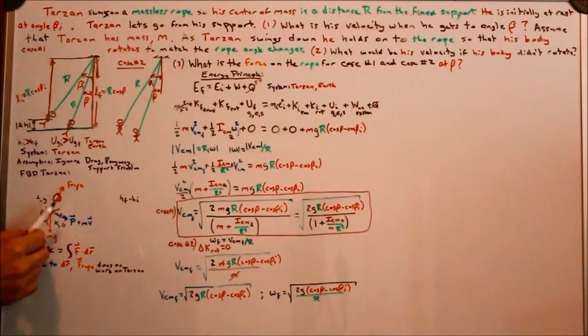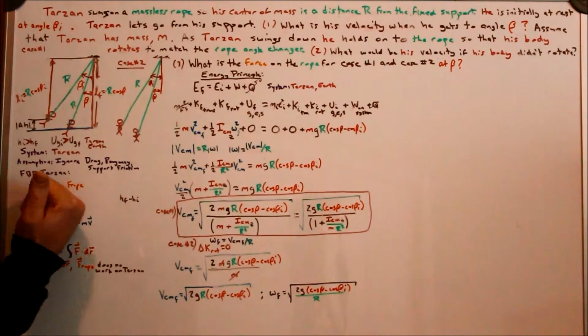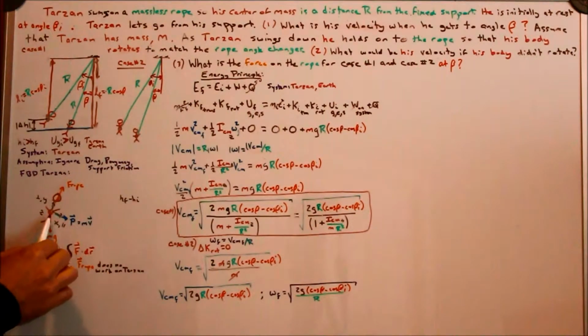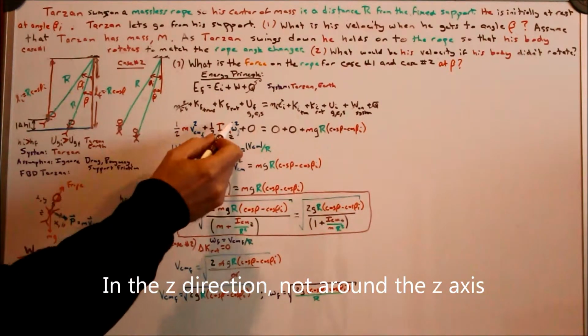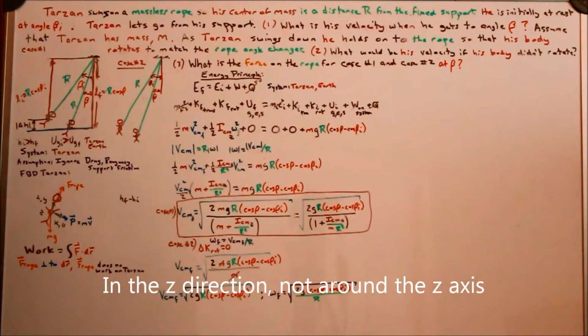For a problem like this, it's convenient to pick a coordinate system that is parallel to his motion, one that's perpendicular to his motion, and then you have the other one. So I'm going to call this the x direction, this is the y direction, x could be parallel as well, y perpendicular, and z. So the moment of inertia around the center of mass around the z-axis times the final angular frequency squared.